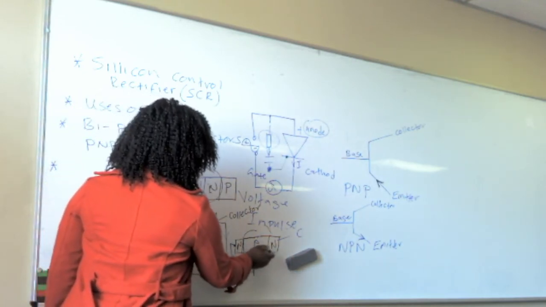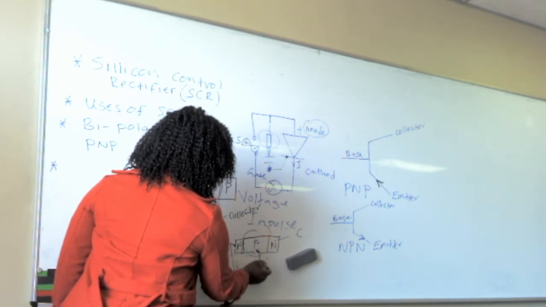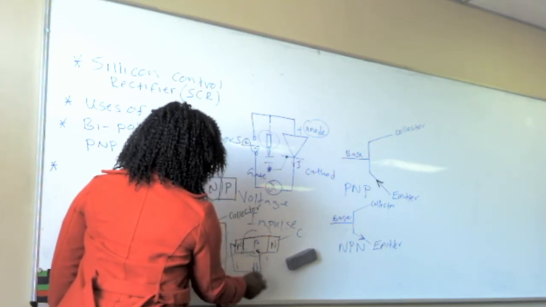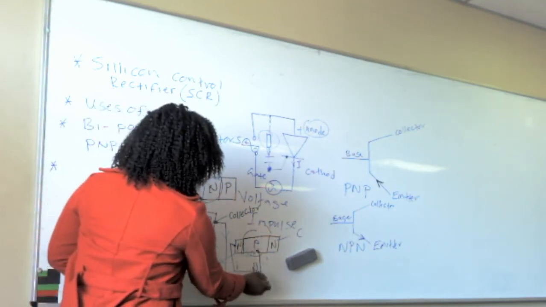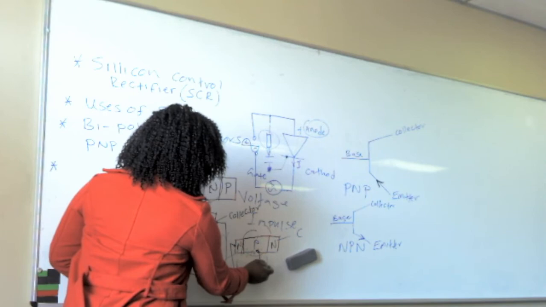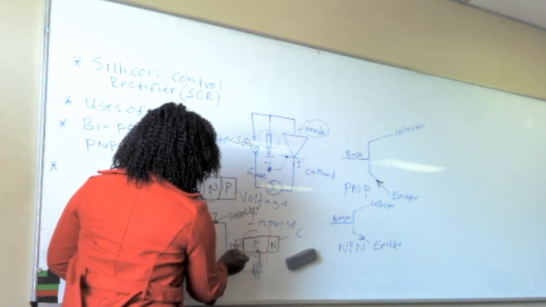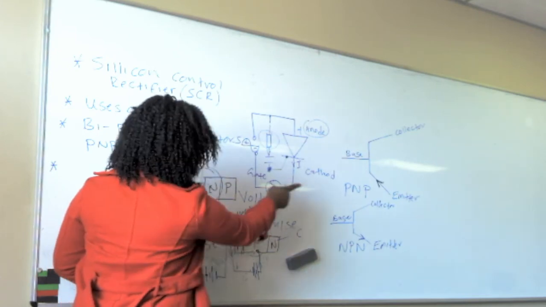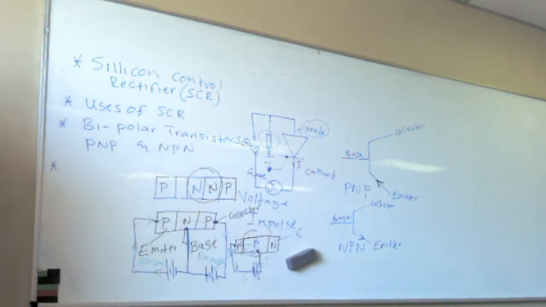Then a positive must be connected to the positive wire. Positive, negative, positive, negative. So how is the flow of current? The flow of current is from positive, so it's entering the base first. Then it's coming out of the emitter. You see, out of the emitter. Look at the arrow there. On NPN, the arrow is out of the emitter.